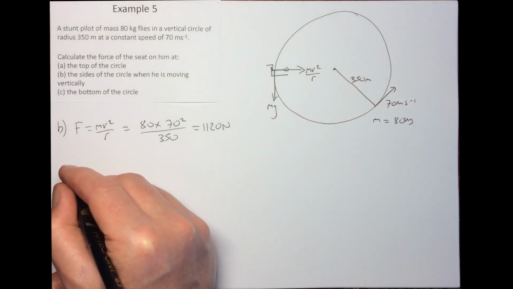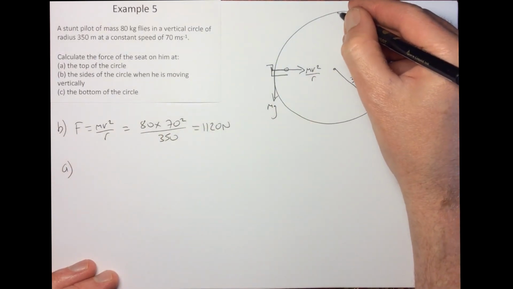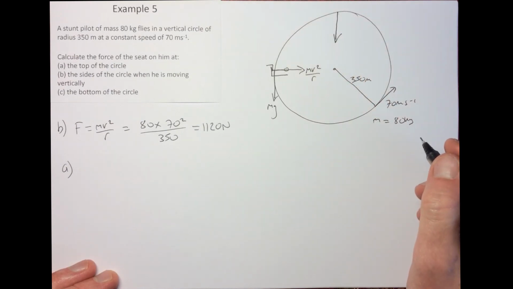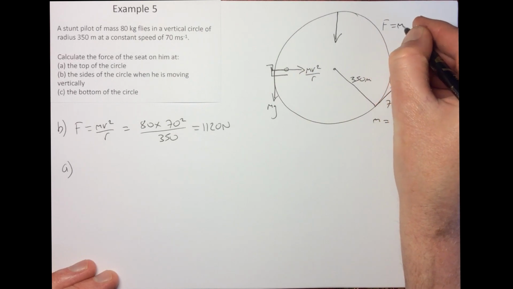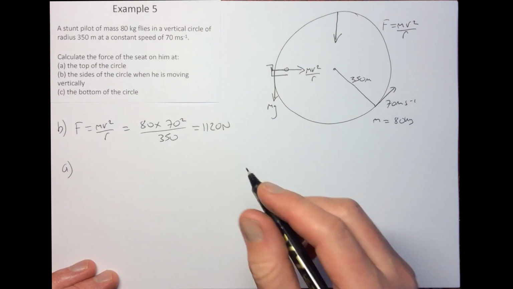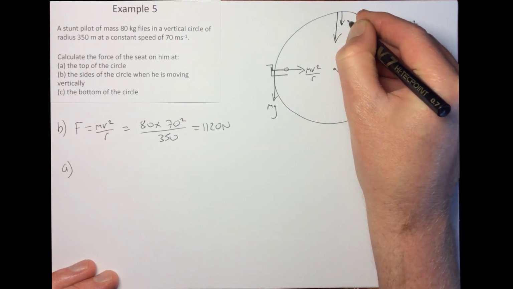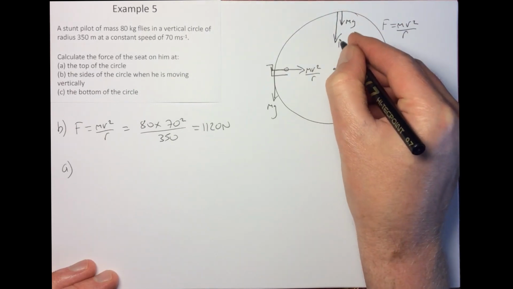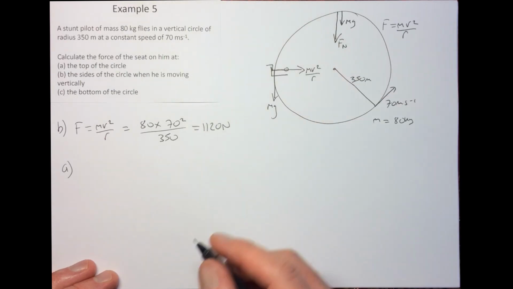Now let's do A then. If you look at A at the top of the circle, we need a centripetal force to be acting, and the centripetal force is going to be equal to mv squared on r. Now what provides that centripetal force? Well, it's two things. It's a combination of mg, the weight of the person acting downwards, and Fn, which we'll call the normal contact force from the seat.